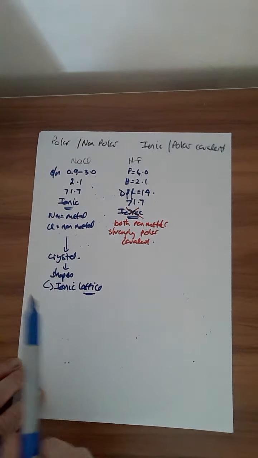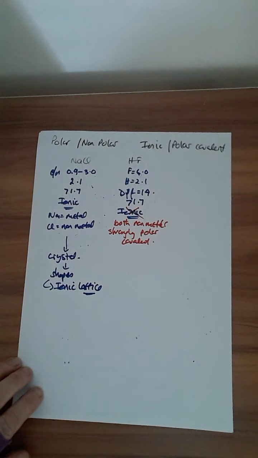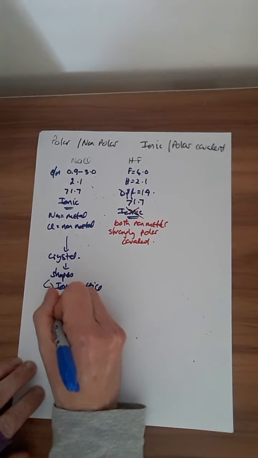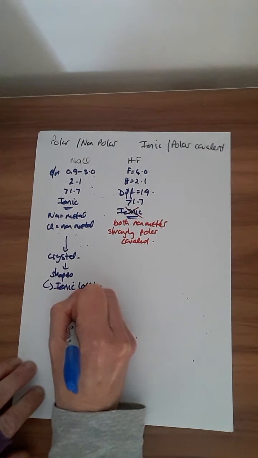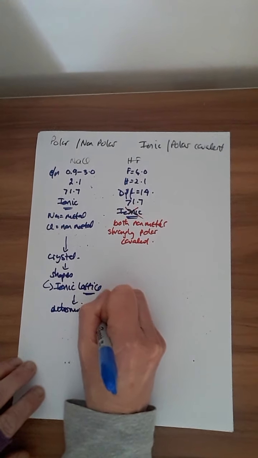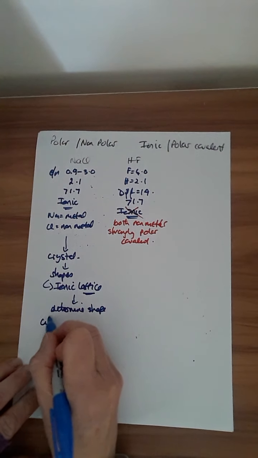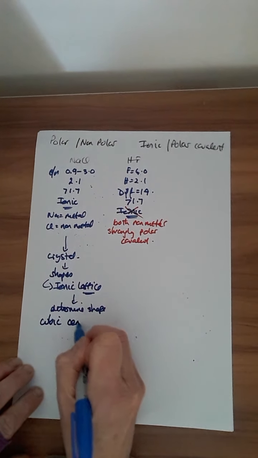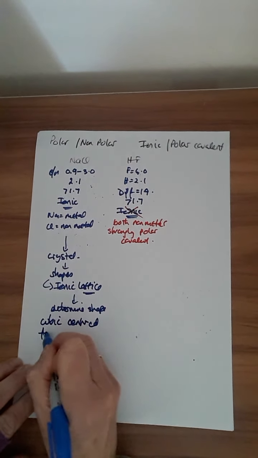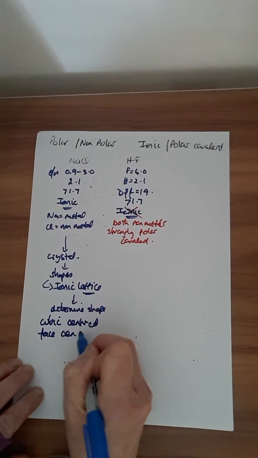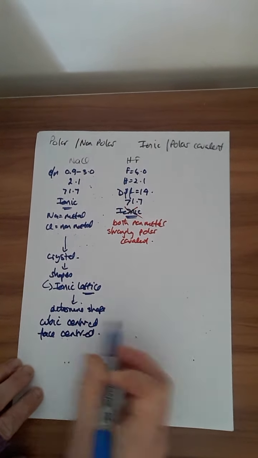So an ionic compound will have an ionic lattice, which determines its shape. It won't be any of the shapes of covalent molecules, so it won't be things like pyramidal, tetrahedral, V-shaped. It will be things like body-centered cubic lattice or face-centered lattice, which is beyond our scope, so we don't need to know any of these things.